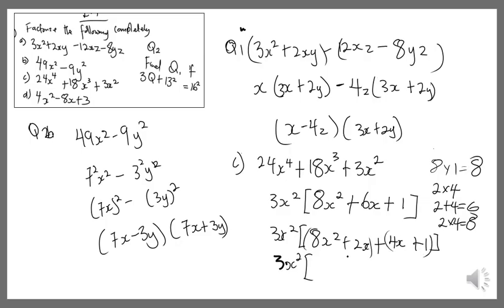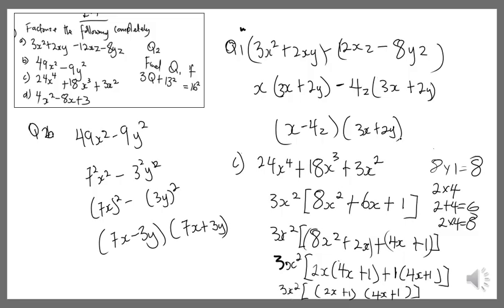So what is the common factor here? The common factor here is definitely 2x. Here you get 4x plus 1. And what is the common factor here? 1. 4x plus 1, because when you multiply 1 through, you have to get the same thing. So now the final answer becomes 3x squared, 2x plus 1, 4x plus 1, and that becomes our final answer.